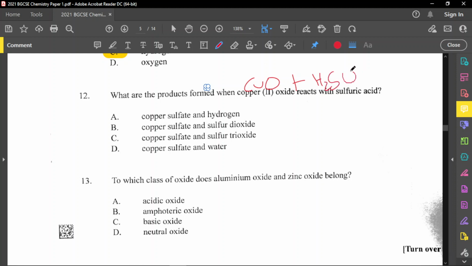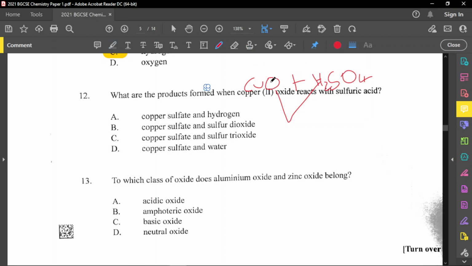You know for sure now that the copper will replace the H2. Remember, we talked about the basicity of the acid. So you form copper sulfate and water. The H2 will react with the oxygen from the copper oxide to form water, and the copper will react with the SO4 to form copper sulfate. So we're sure we have copper sulfate and water as our answer here. So D is the option.